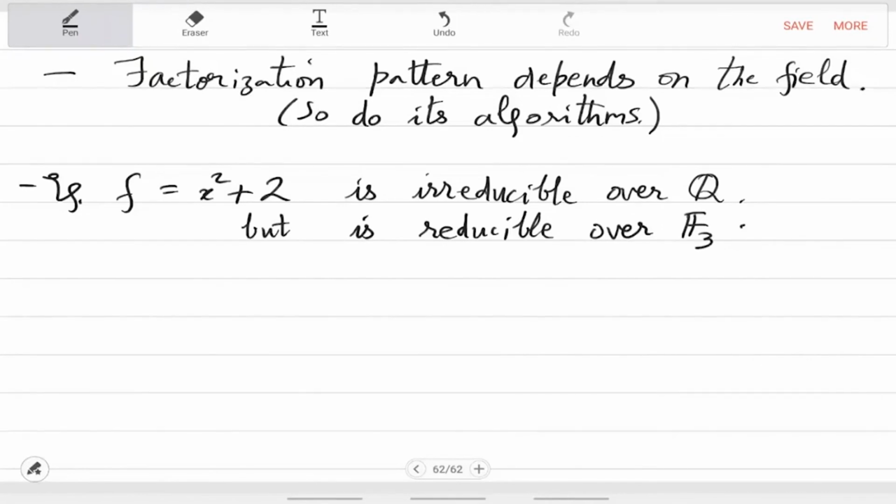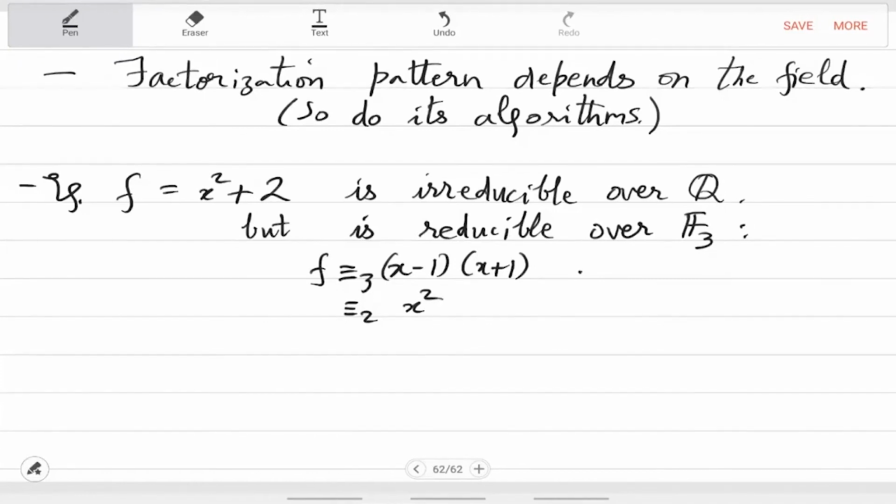So x^2+2 is the same as (x-1)(x+1). In fact, it has two distinct roots. And mod 2 it is worse, because it is just x^2, so it has a repeated root. The multiplicity of the roots, where the roots are, how the factorization is, everything is dependent on the field.